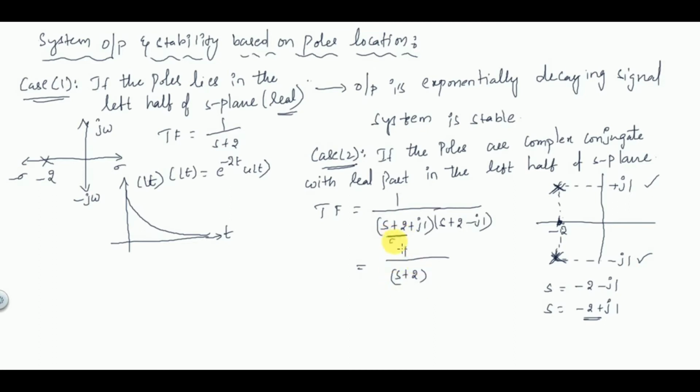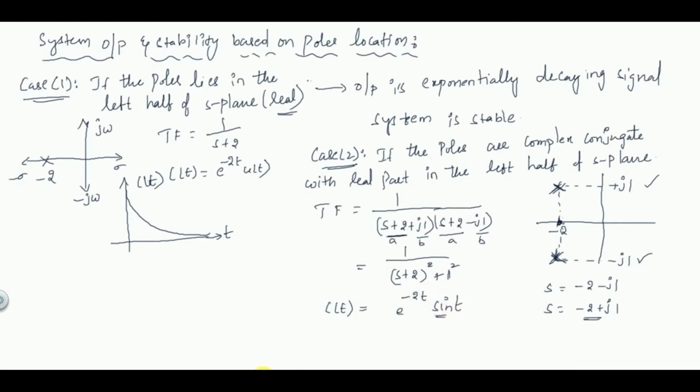If you take s plus 2 as a and j1 as b, then a plus b into a minus b gives a square minus b square. So s plus 2 whole square minus b square, where minus of j square 1 square is plus 1. So the transfer function is 1 by s plus 2 whole square plus 1 square. The impulse response c of t now becomes e power minus 2t into sine t.